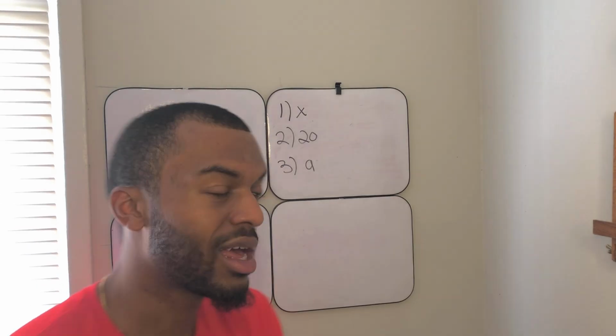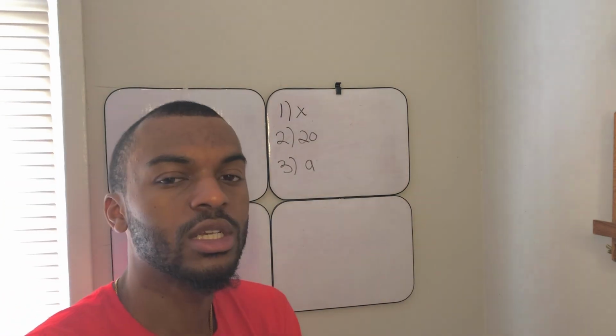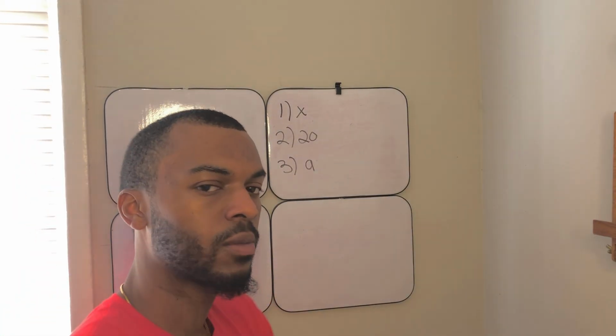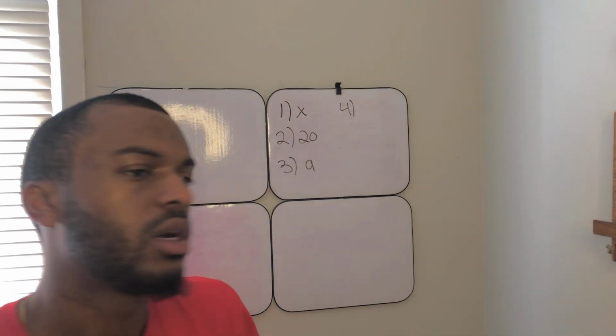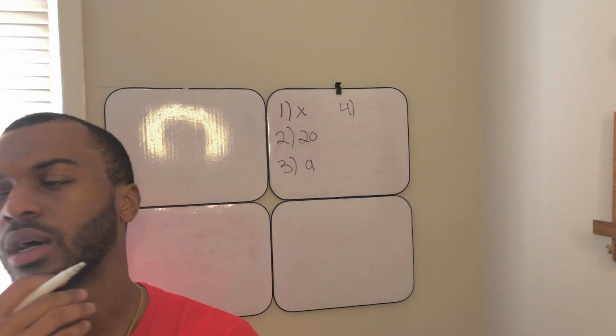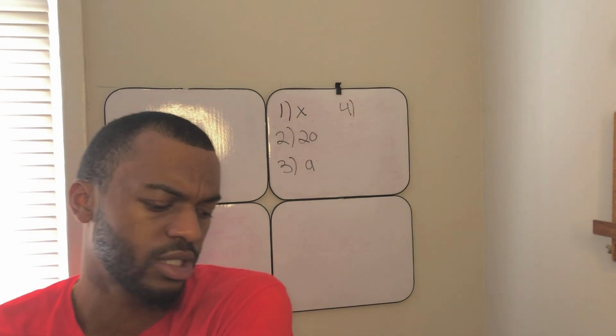I'll switch it up, because it don't always gotta be letters that we put. So, that's a couple more. Let's see. How hot was it? What was the temperature like yesterday?